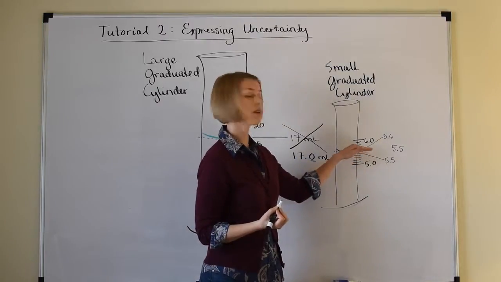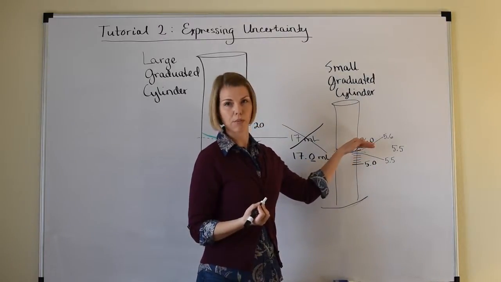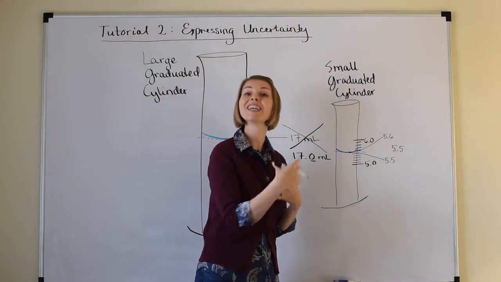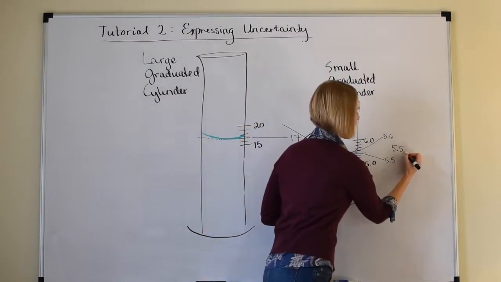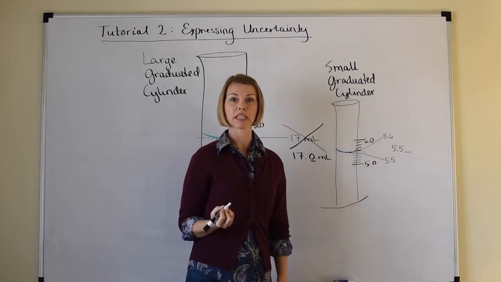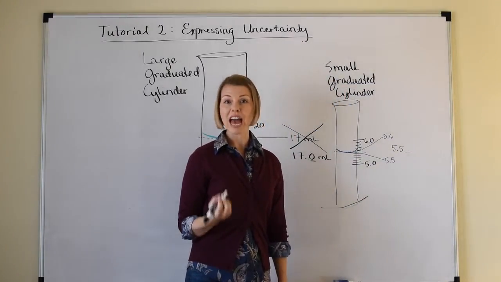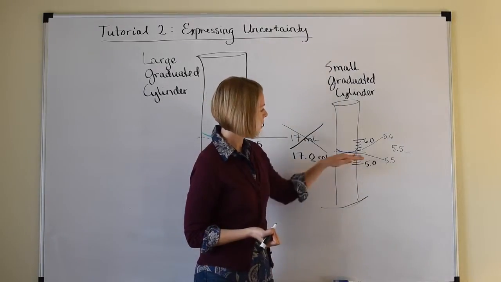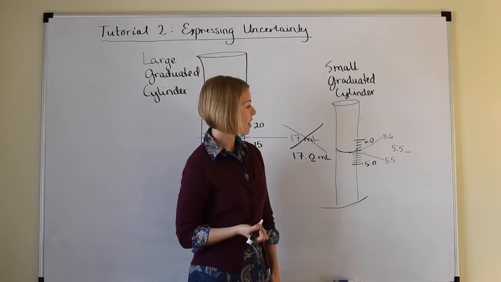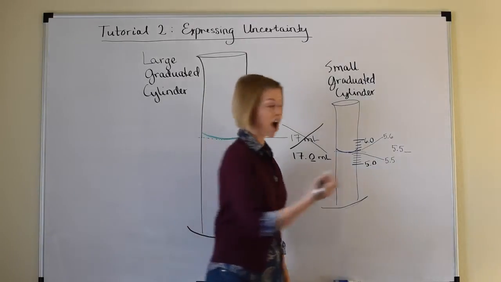It's definitely above the 5.5, but it is not above the 5.6. So it's 5.5 something. So that last digit, which is going to be your 100th of a milliliter, is going to be your estimated digit. Now I think it looks pretty much halfway between those two, so I'm going to go ahead and estimate that as a 5.55.